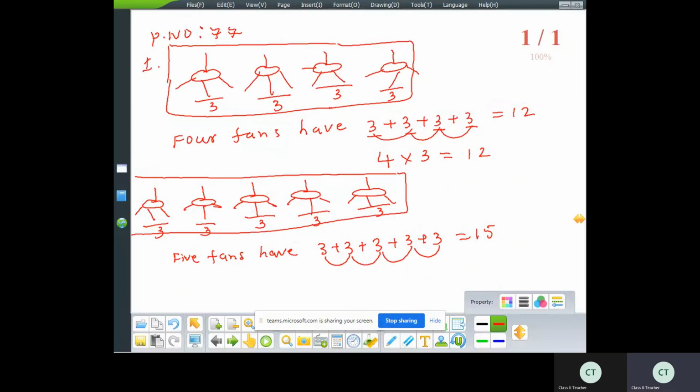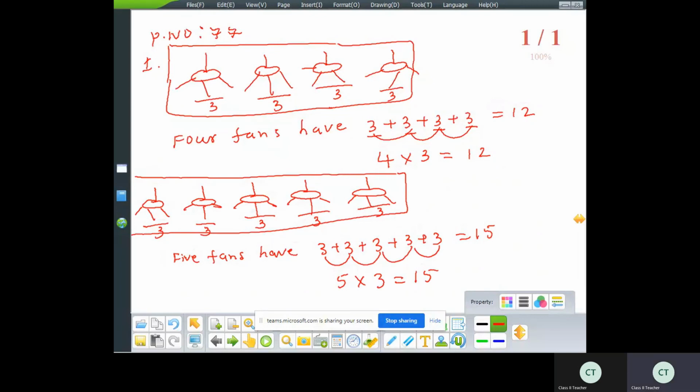Repeated addition is also called multiplication. Here 3 repeated 5 times. 5 times of 3 are 5 into 3. 5 into 3, 15. 5 3s are 15.